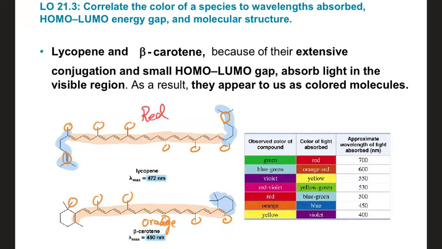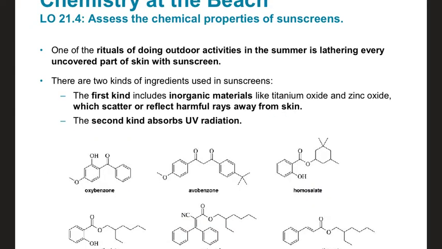And I should have highlighted this over here for the beta-carotene. But lycopene just has a little bit more with that double bond, and arguably the extra methyl groups here and there, whereas beta-carotene. Either way, they make a contribution to the color of those auxochromes.